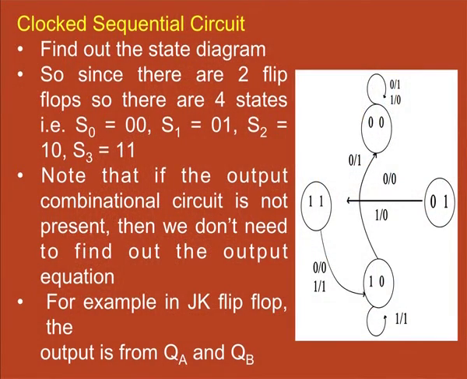Since there are 2 flip flops, there are 4 states, that is 00, 01, 10 and 11, which can be assigned as S0, S1, S2 and S3. Note that if the output combinational circuit is not present, then we do not need to find out the output equation. For example, if a JK flip flop is used, the output is from QA and QB.